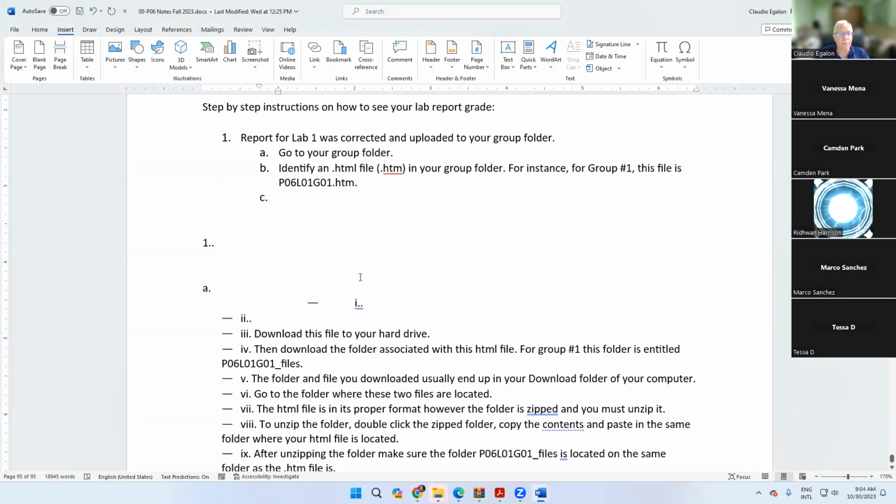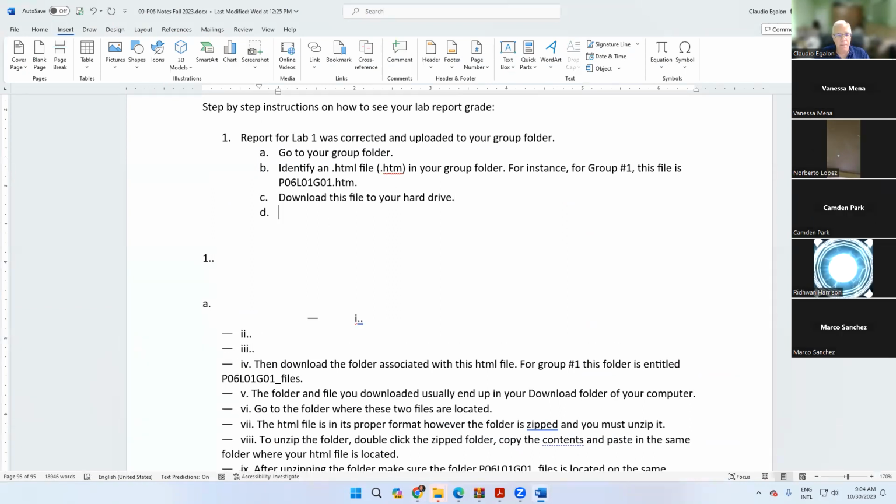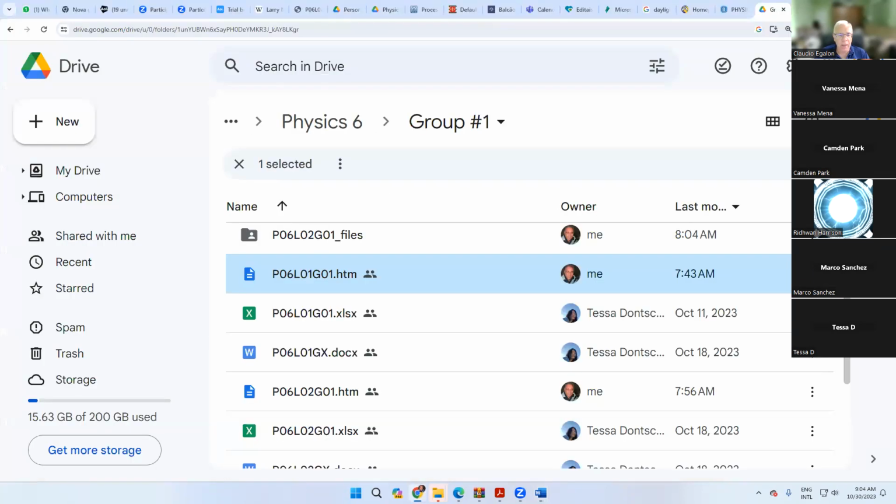More students coming in. See? Download this file to your hard drive. Then download the folder associated with this HTML file. Okay, so here you go.